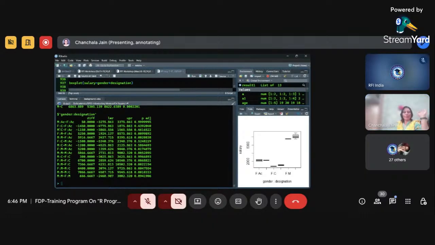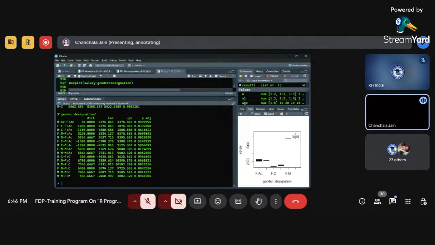Then male clerk and female accountant, no significant difference. Female manager and female accountant, there is a significant difference. Male manager and female accountant, a significant difference. Female clerk and male accountant, no significant difference. Male clerk and male accountant, no significant difference. Female manager and male accountant, a significant difference. Male manager and male accountant, a significant difference.